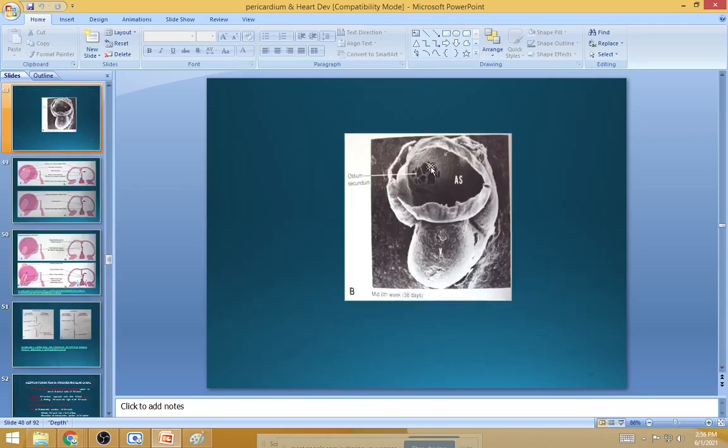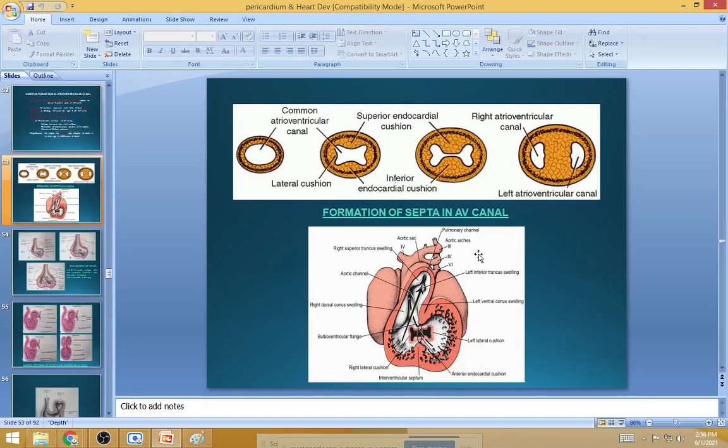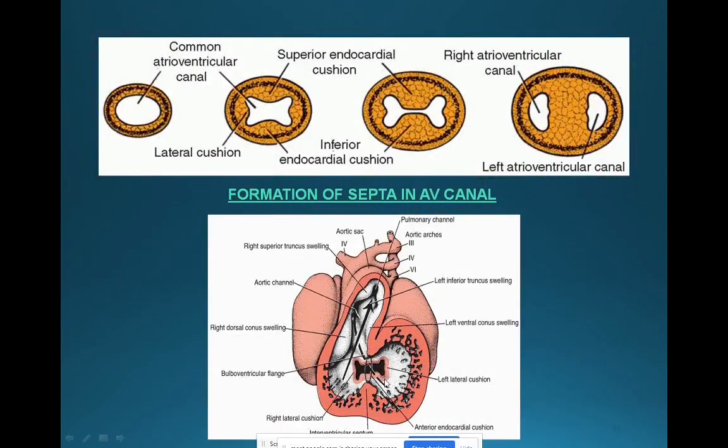In this picture you can see the ostium secundum, which is formed by the apoptosis, or programmed cell death, of the septum primum. This is the same septum primum and secundum. Now what we got is a picture.